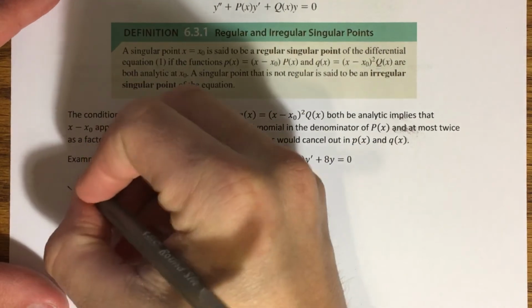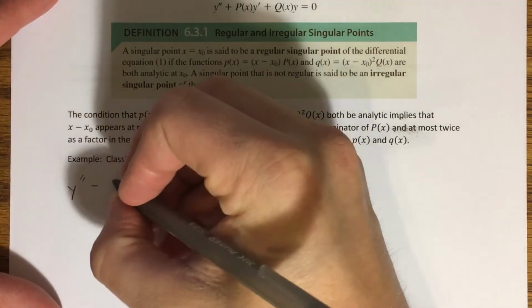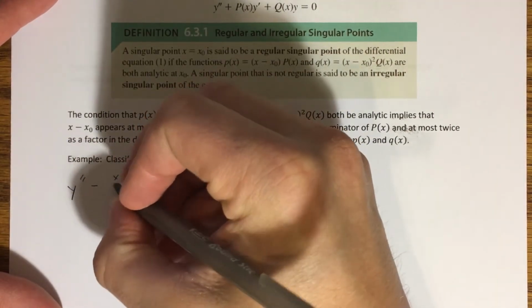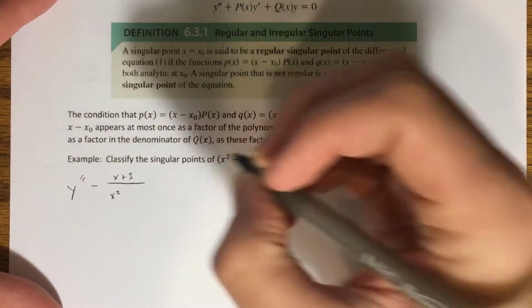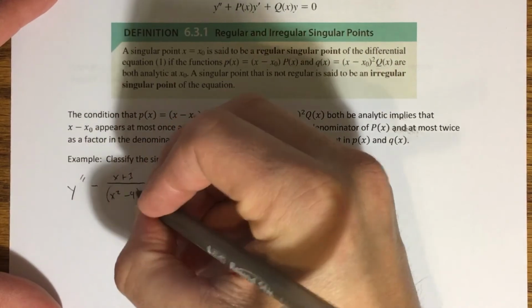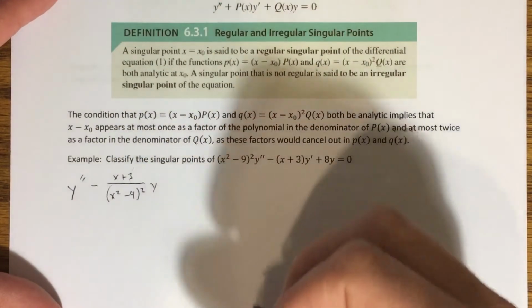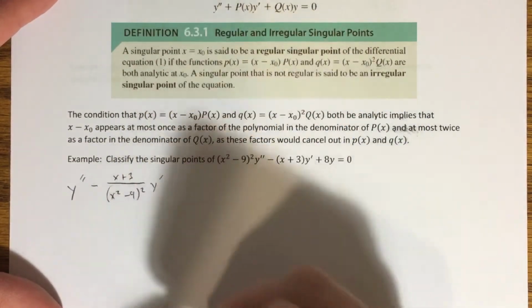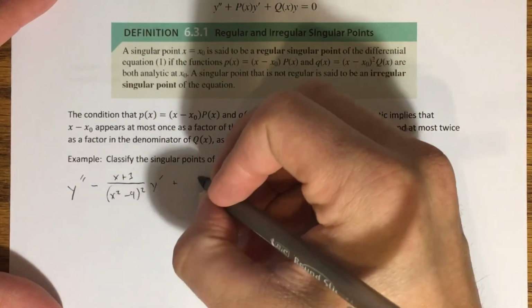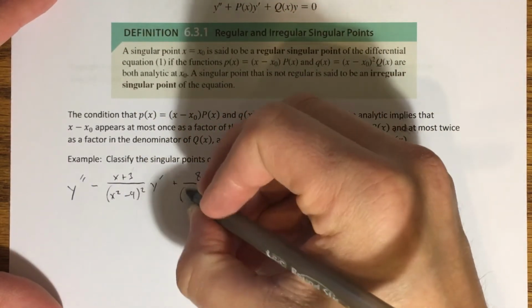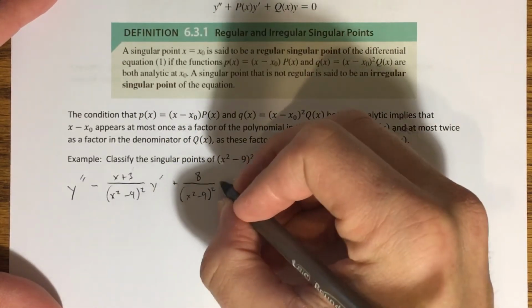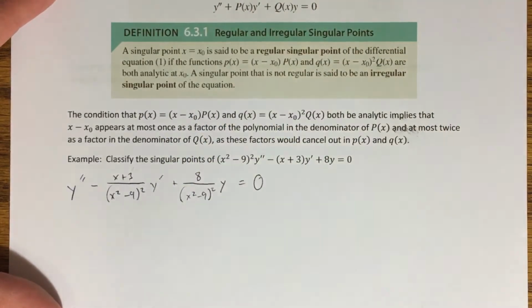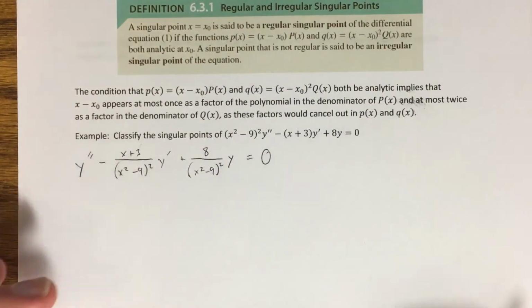And if I do that, I get y double prime minus x plus 3 over x squared minus 9 quantity squared, y prime, plus 8 over x squared minus 9 quantity squared, y equals 0. So we divided by that leading coefficient there.